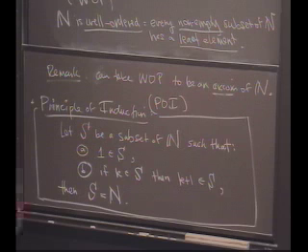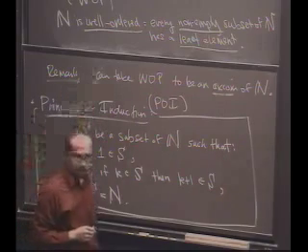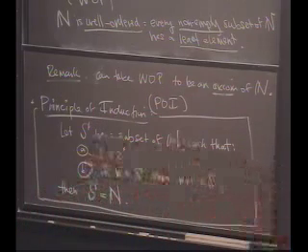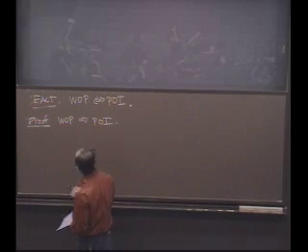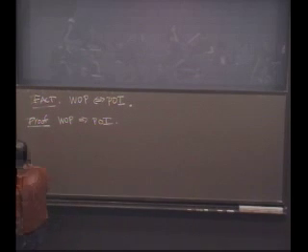Would you agree? That's my burden. And I can assume that every non-empty subset of N has a least element. Okay. So this is how it's going to begin. So let's begin this proof.